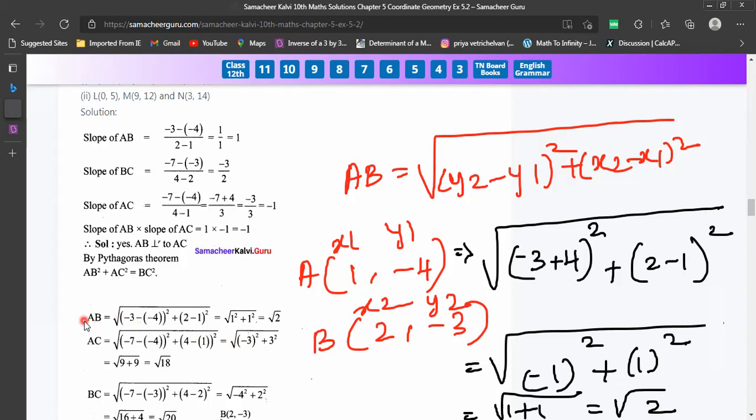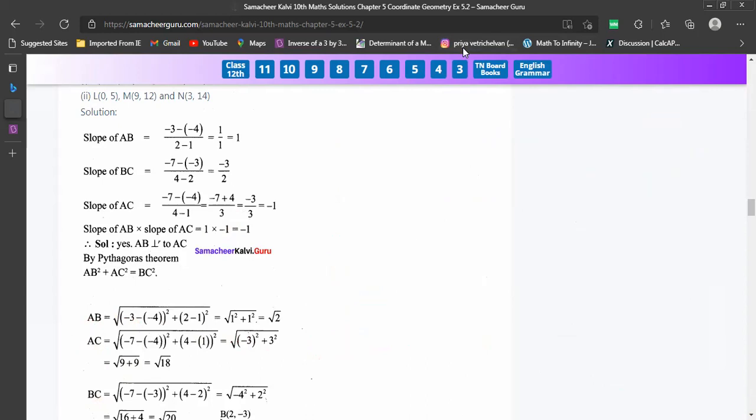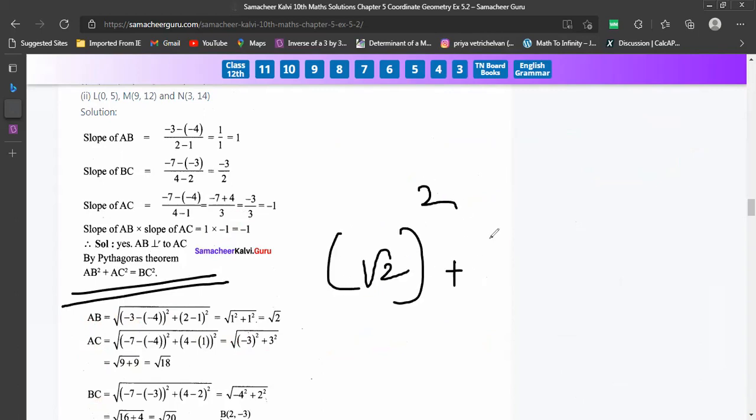Can you follow this? Yeah. So use the same formula for finding the value of AC and BC. Okay. And just substitute in the theorem. So AB is square root of 2 and AC is square root of 18 and BC is square root of 20.